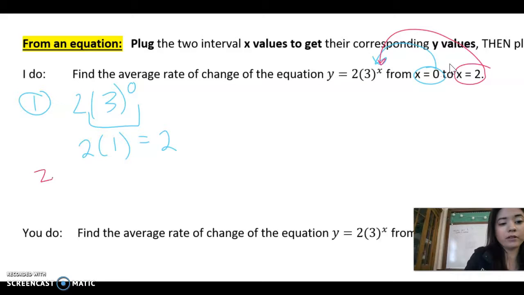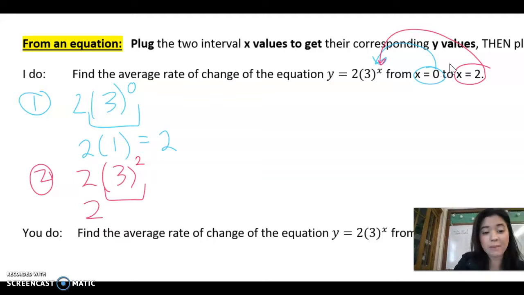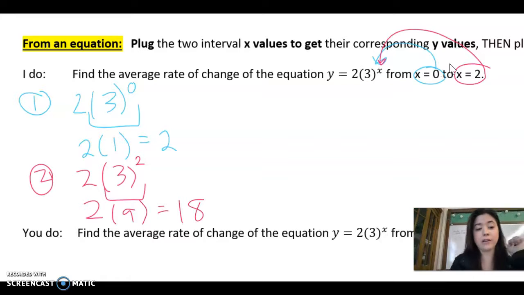Plug 2 in. So we have 2 times 3 to the 2nd power. Again, use a calculator if you need to. 3 to the 2nd power means 3 times 3, so that equals 9. And 2 times 9 gives us 18.